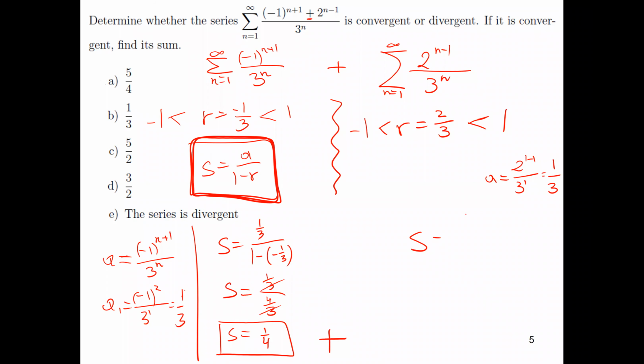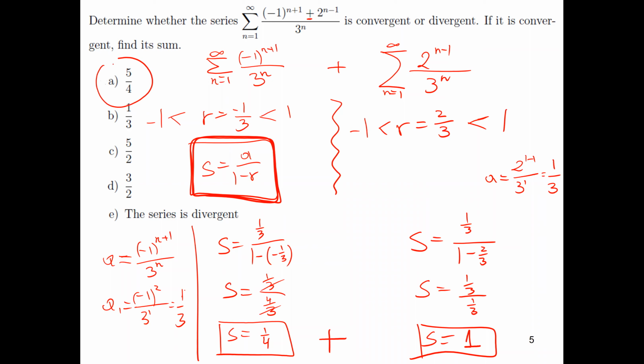Let's compute. 1/3 over 1 minus 2/3. 1 minus 2/3 is 1/3. Oh, 1/3 over 1/3 is simply 1. 1 plus 1/4 is 5 over 4. Remember to add at the end, because the addition was there, or subtract, depending on what is in the question.